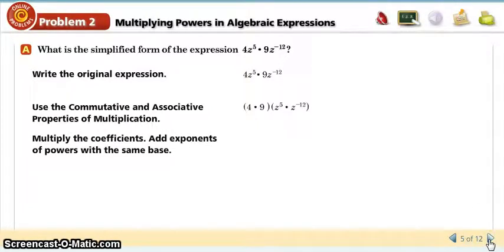Now, multiply the coefficients. Add the exponents of powers with the same base. Simplify the exponent.